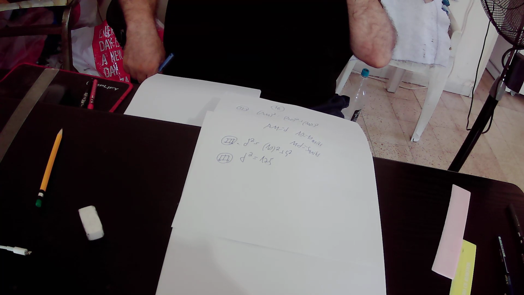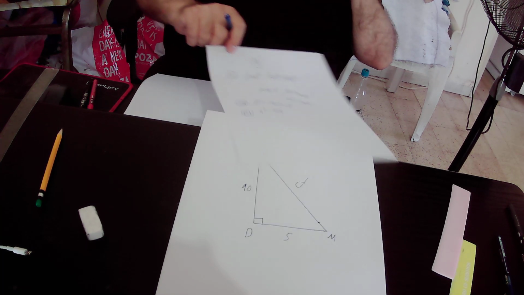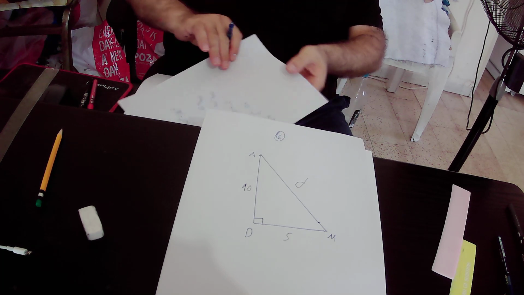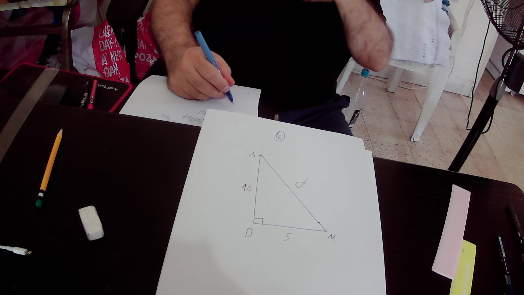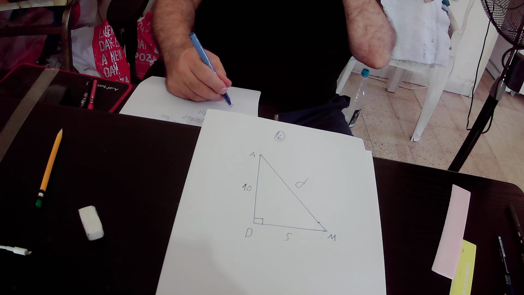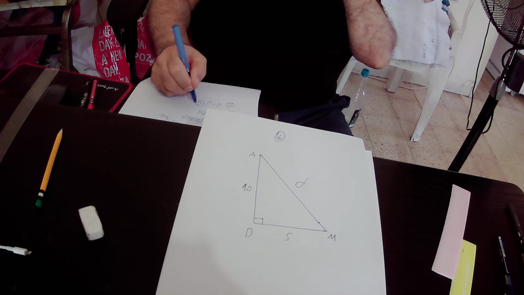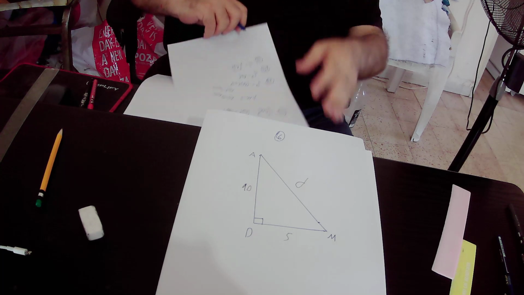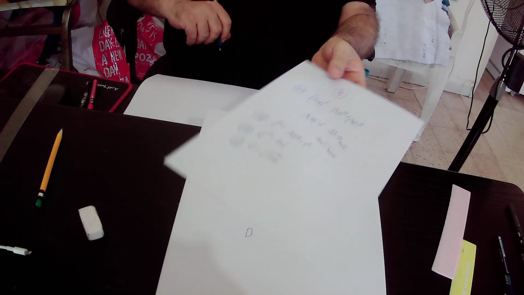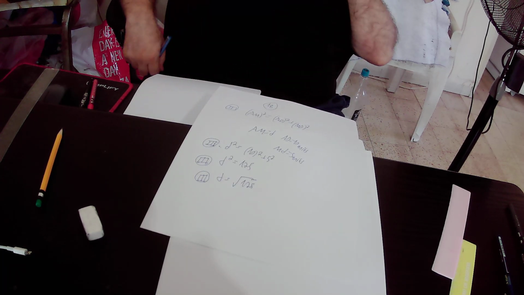Now we will take a root out of equation number 3. So we got that d equals root of 125.